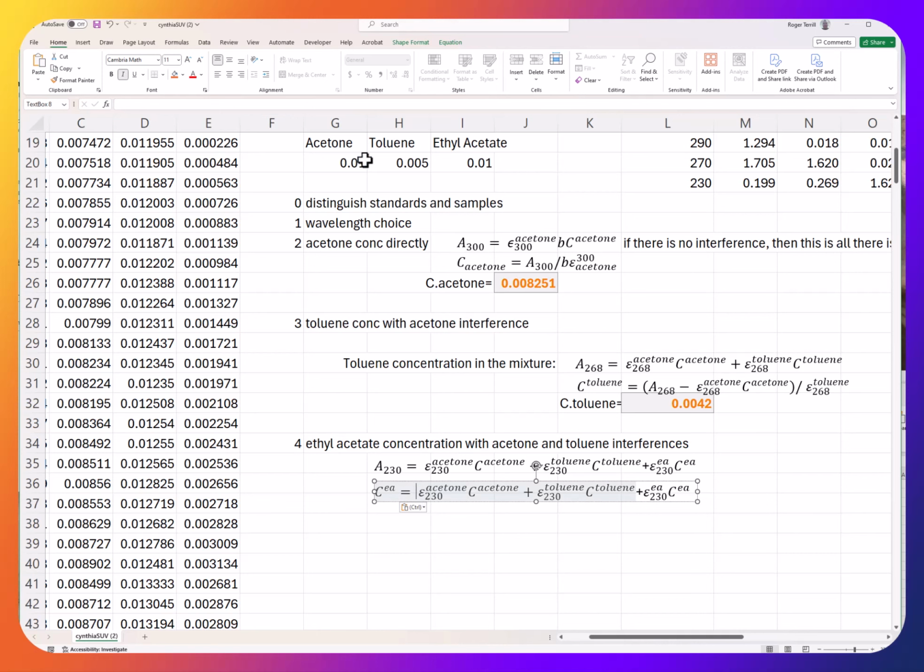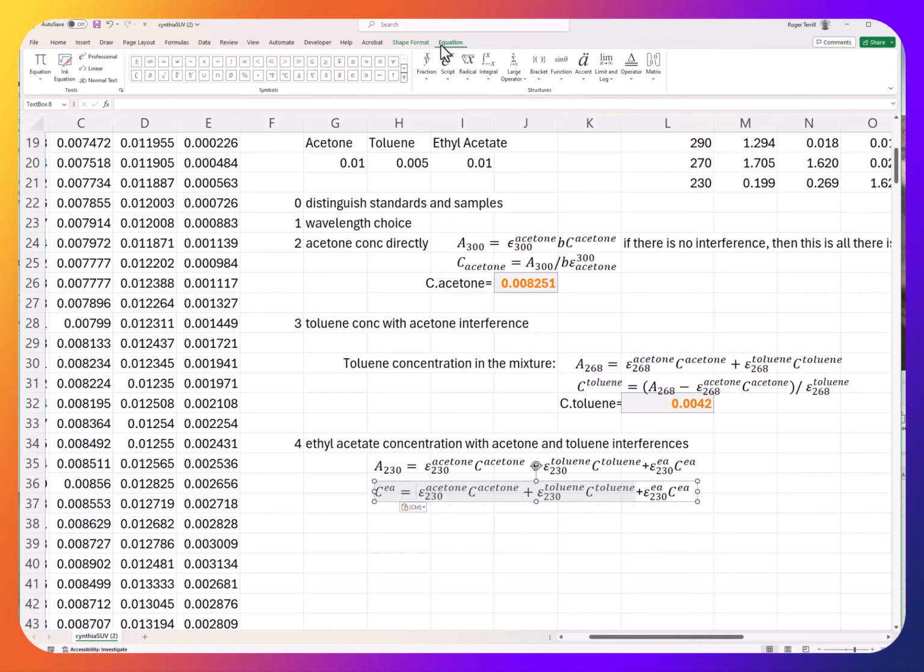It's going to be a script, a subscript, A230 divided by, oops, no, not in the sub, divided by, not like that.